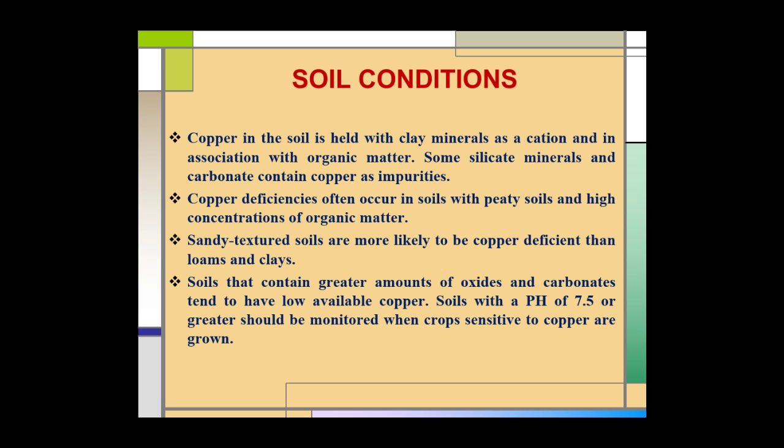Sandy textured soils are more likely to be copper deficient than loams and clays. Soils that contain greater amounts of oxides and carbonates tend to have low available copper. Soils with a pH of 7.5 or greater should be monitored when crops sensitive to copper are grown.